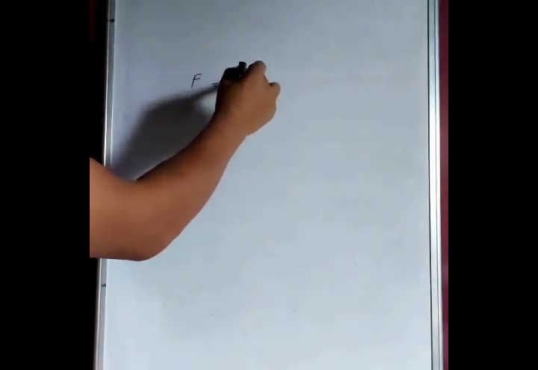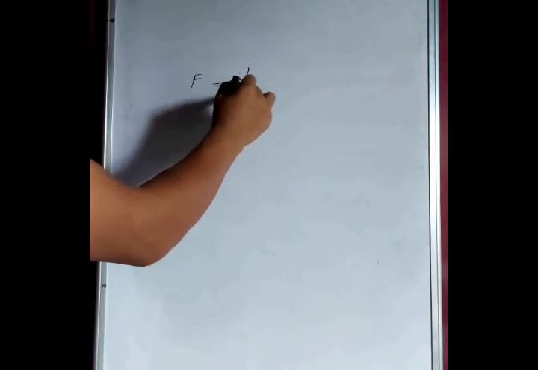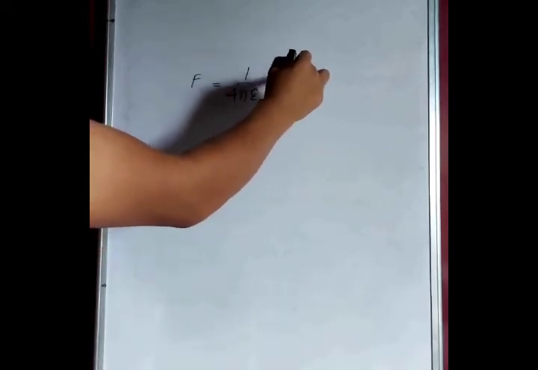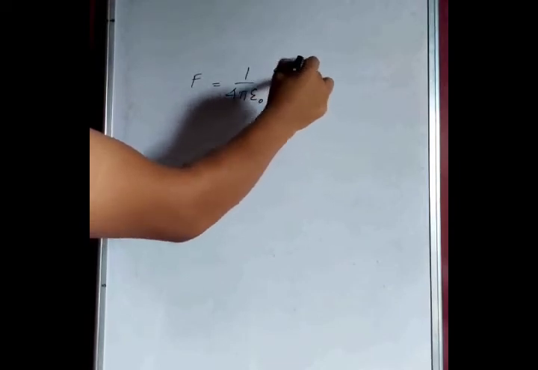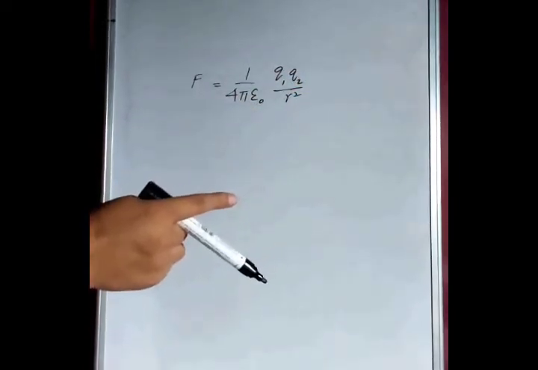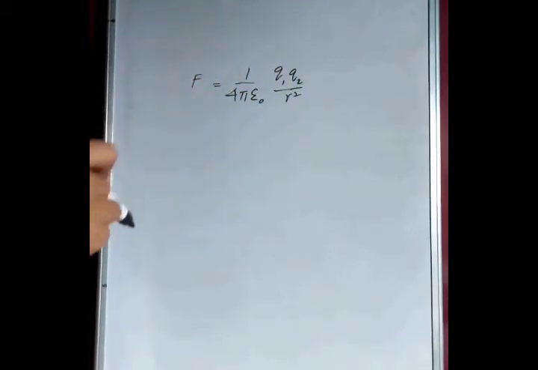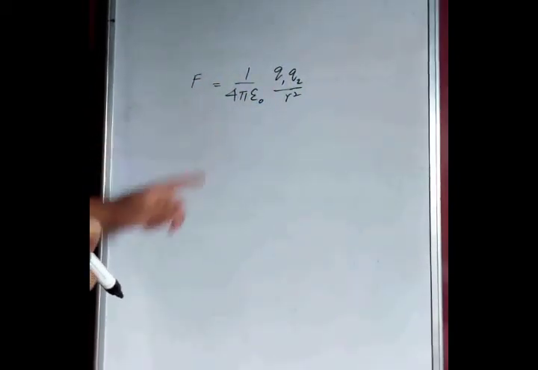And then charge is a scalar, not a vector. It doesn't have direction, it just has magnitude. If two charges are separated by a distance r, then the magnitude of force is given by 1 over 4 pi epsilon naught, q1 q2 over r squared.